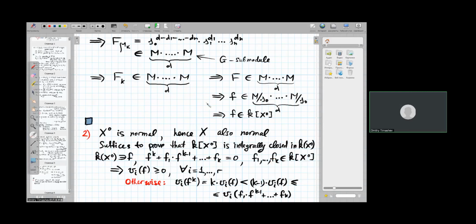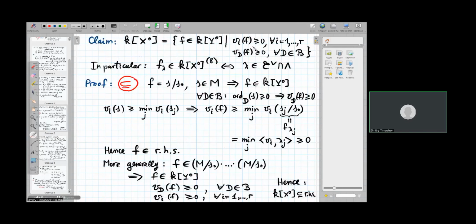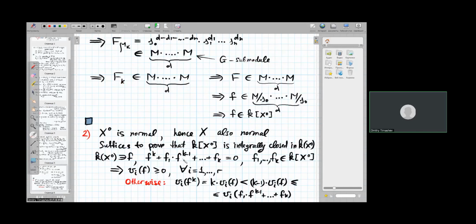So in this coordinate algebra, the values are non-negative. And the values of vi at these powers are greater than the value at this power, because we assume that the value at f is negative, is less than 0.